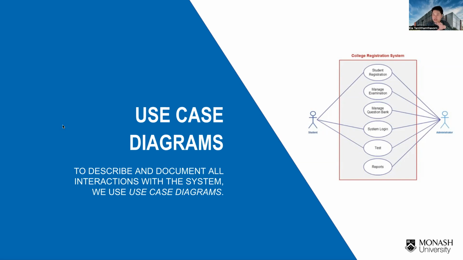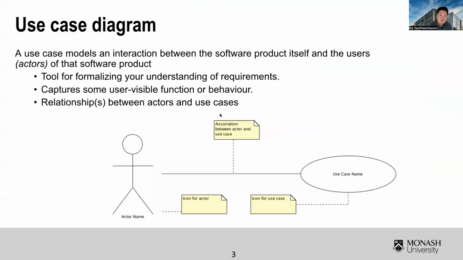And most of these requirements may not be clearly described in the requirement specification. That's why we need the use case diagram, and it is very understandable by everyone. Okay, so the use case diagram is a graphical visual model between the software product and not just the users, but what I will call actors, or the stakeholders.